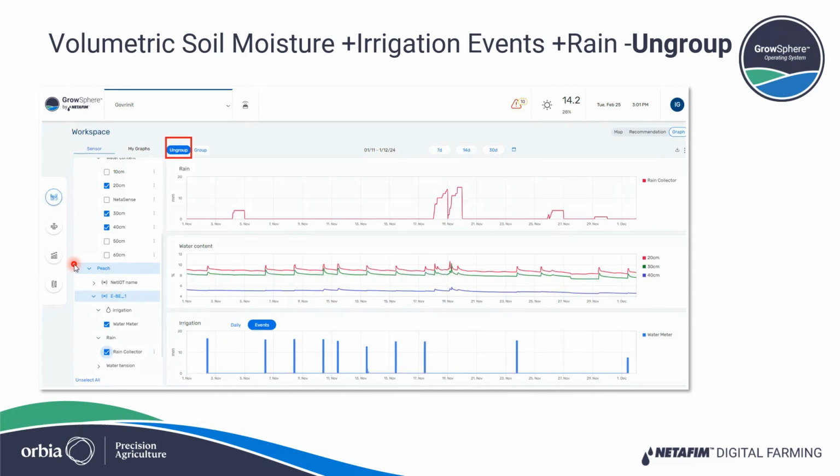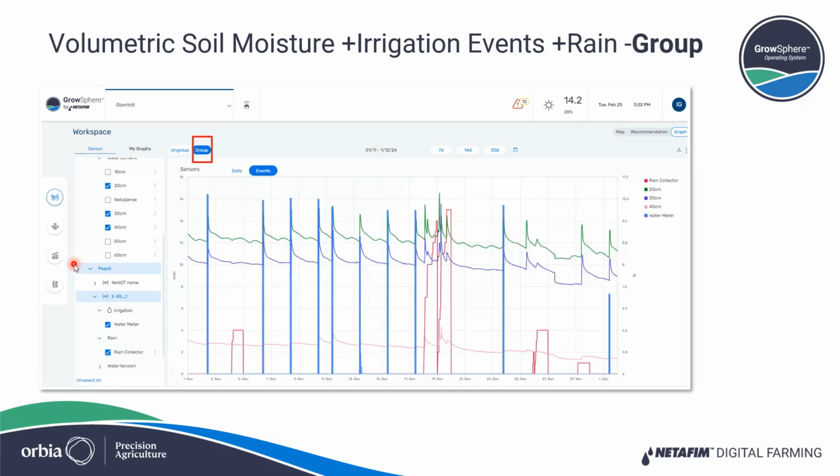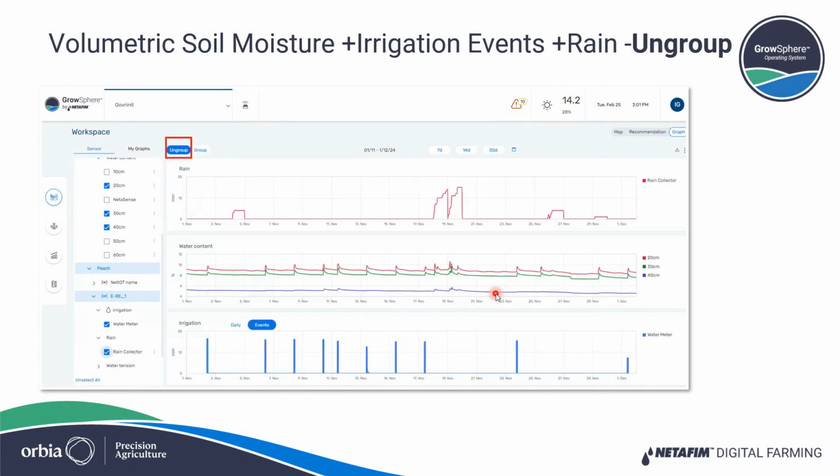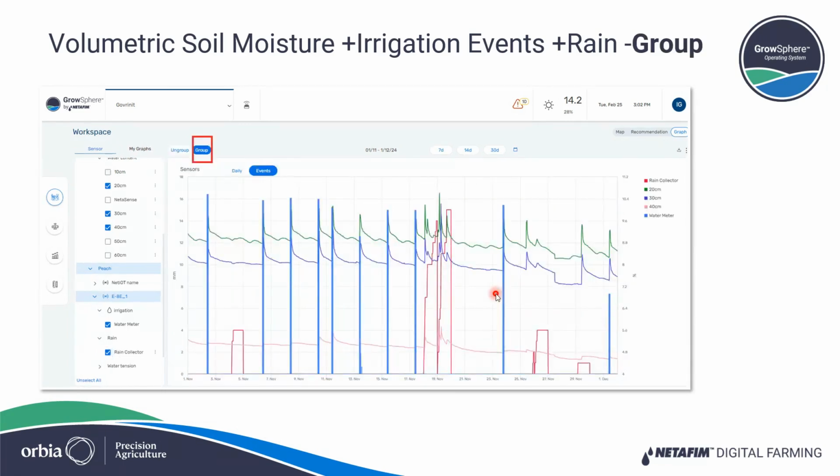Sometimes I will find it easier to have them grouped together, and then it will be much easier to track and to interpret the information. So this is a grouped graph. You see all the sensors that we saw before are now grouped, and they are all presented.